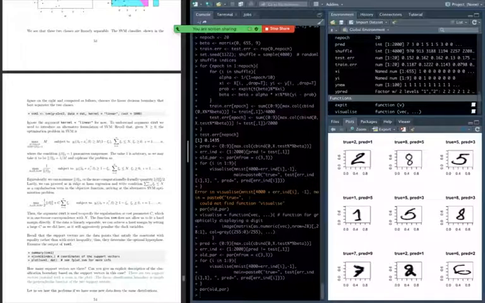Let me just think for a sec. Yes, the answer to that is yes, if you look at the first optimization problem, the one up here.